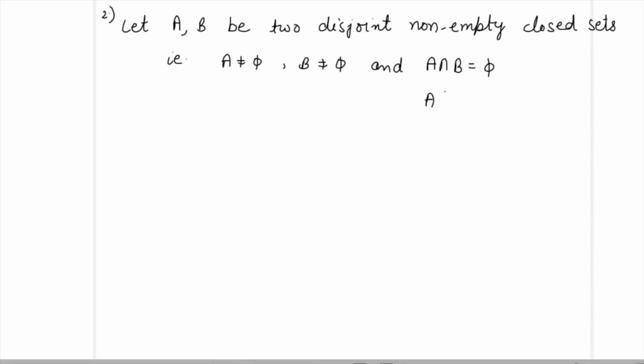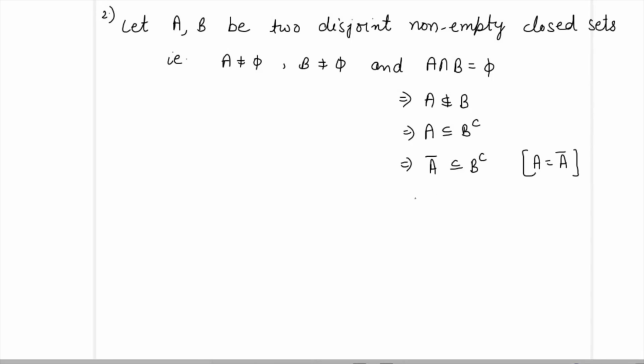So if A intersection B is empty, we can say that A is not containing B, and further that A is contained in B complement. Now A is closed, so A closure is also contained in B complement, because if A is closed, then A is its closure.